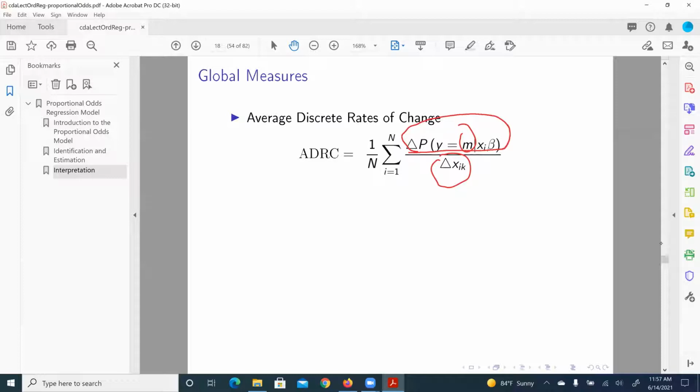So for 4 response levels, we're going to have 4 different numbers here. And we calculate for every single observation in our estimation sample, then average across.